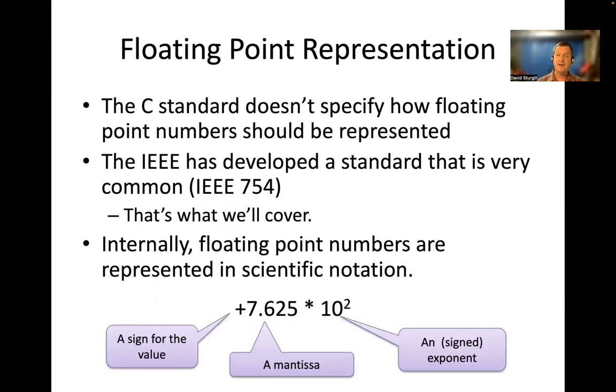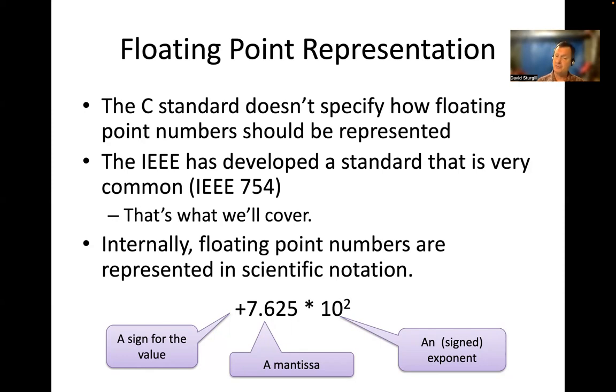For representing these values, like I said, there's a standard. IEEE is a professional organization of electrical engineers, and they've developed a lot of standards for things in the area of computing. The standard IEEE 754 is the standard that defines how floating point numbers are expected to work, or at least how they can work.